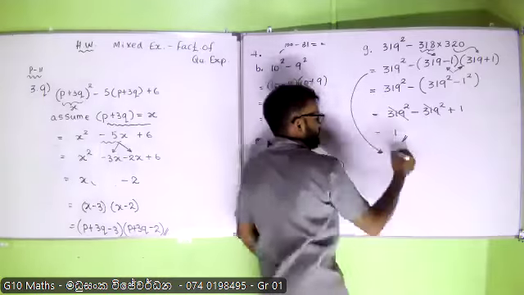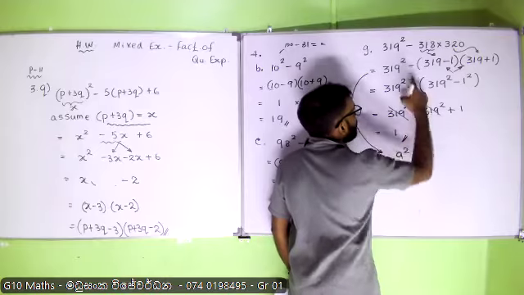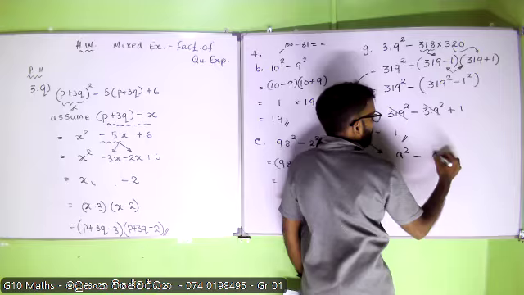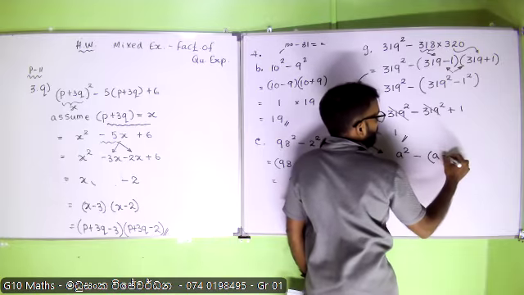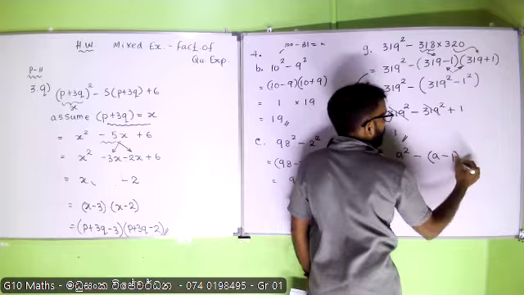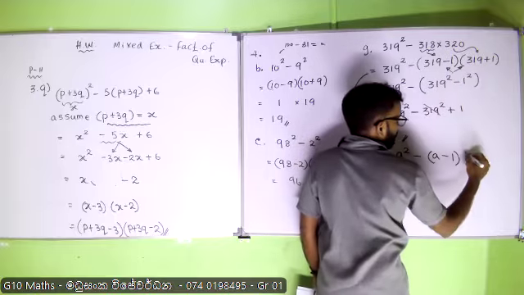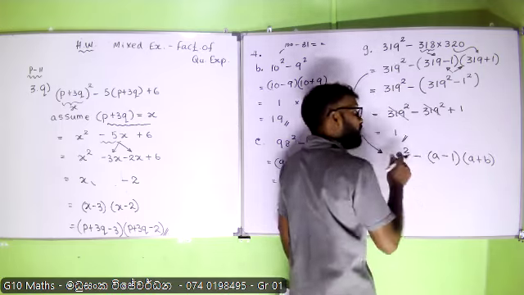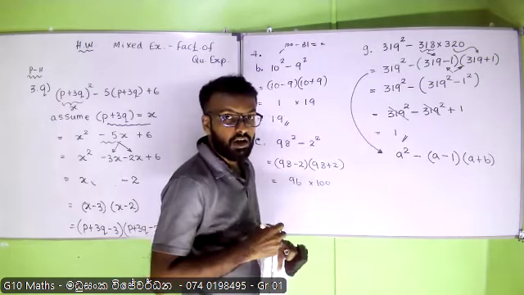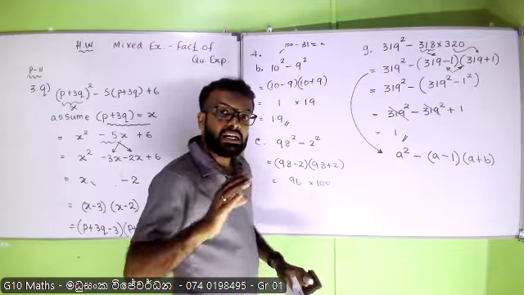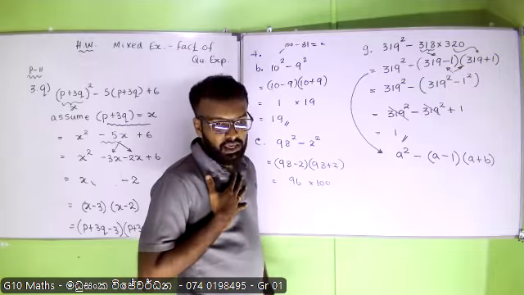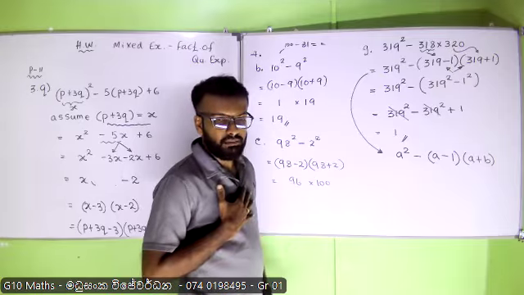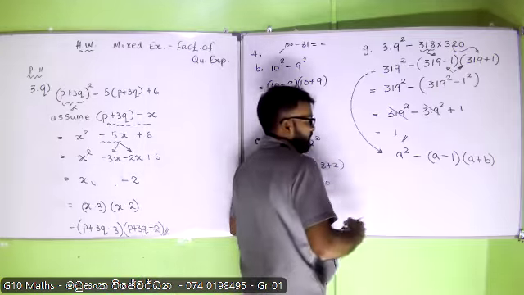I am assuming A. A to the power 2 minus, here I have A minus 1, A plus 1. Therefore, I am assuming 319 as my A. Correct? 319 as my A. Right.